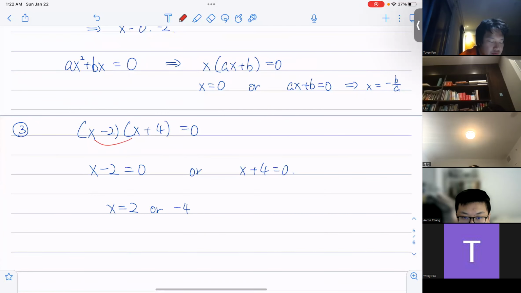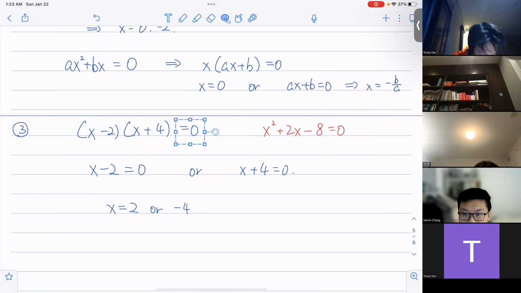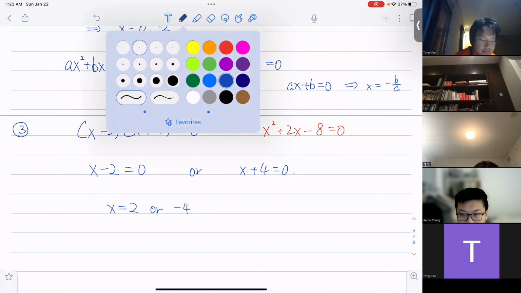But again, usually it will be in a multiplied out form, right? So in this case, it would be x squared plus 2x minus 8 equals 0. So this tells us that if you have this equation, you should factor it out, and then it's just going to be either factor equals 0.